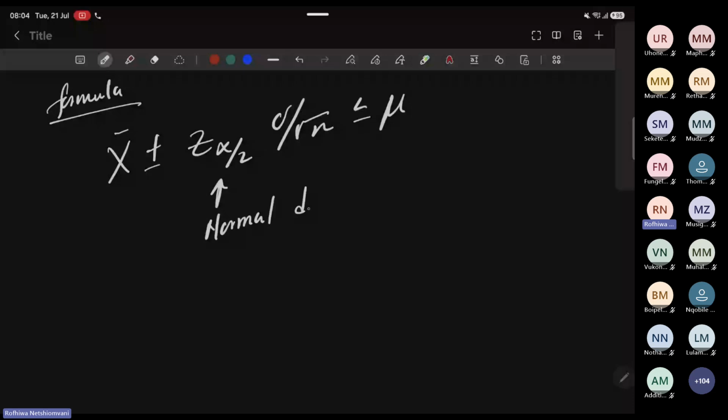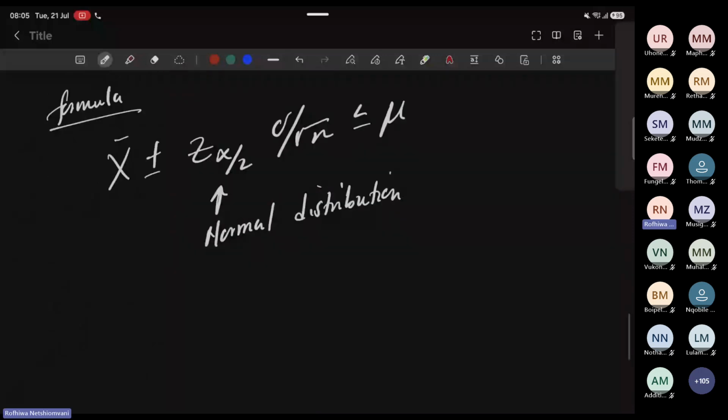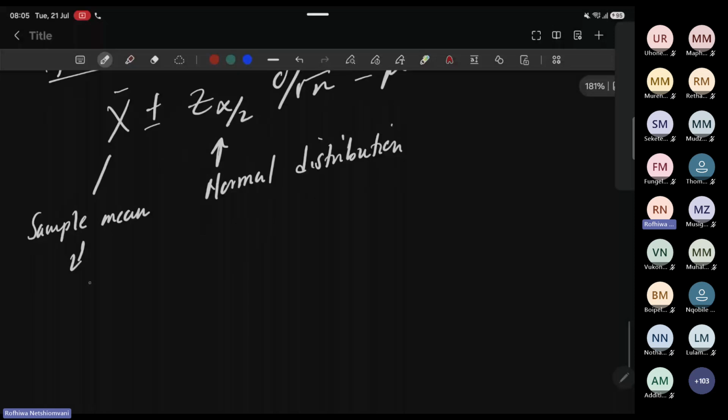In this formula, this is the only thing that shows that whatever formula you are using is a normal distribution. We already know that this is the sample mean, so let's just call it a sample mean from first semester, which we know to calculate is X bar equals sum of X over n, meaning that we add them and divide by their total number.